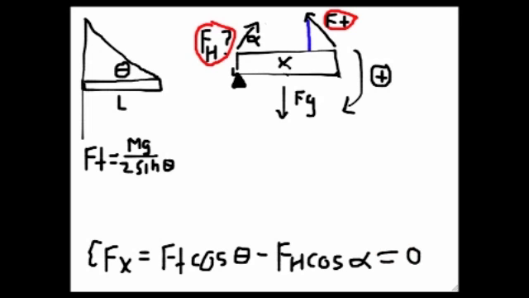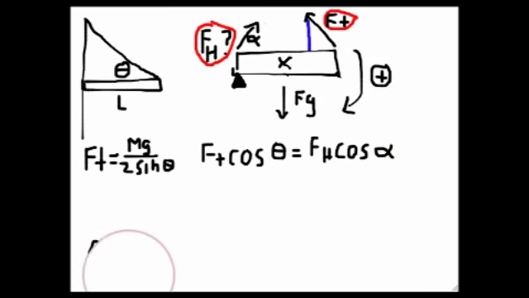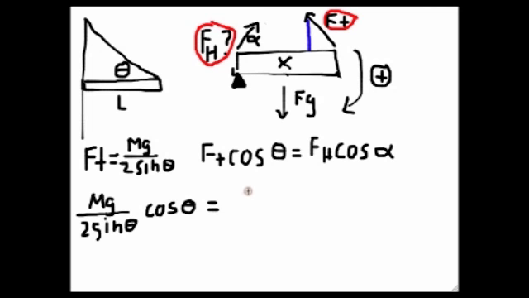Since we know that the sum of the forces in the x direction is equal to 0, we can set Ft cosine theta equal to Fh cosine alpha and substitute Ft into our equation. Remember that sine over cosine is equal to tangent, so you can rewrite this as mg over 2 tangent theta. This simplifies our equation a bit.